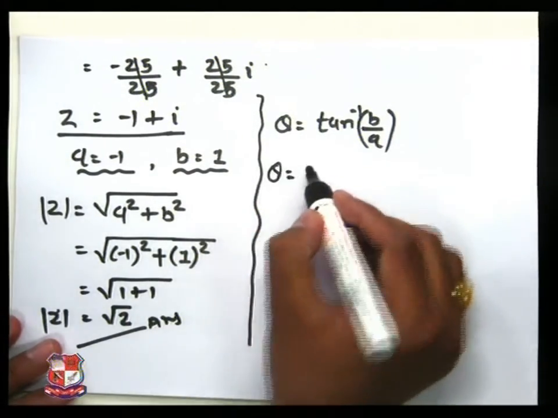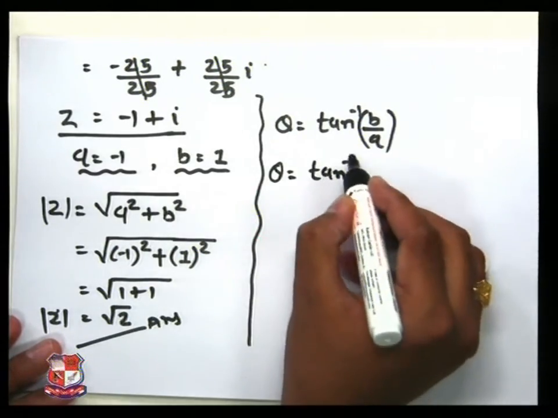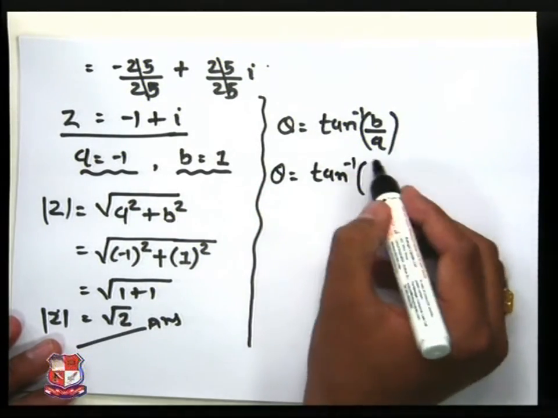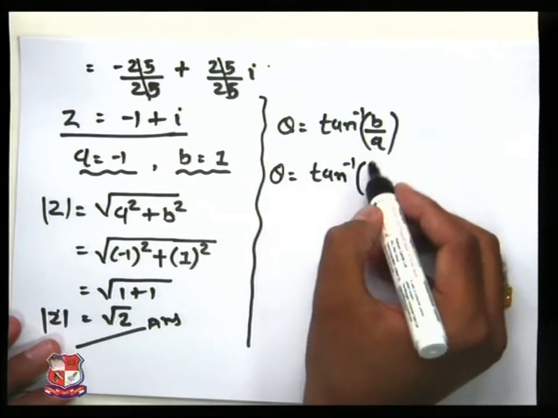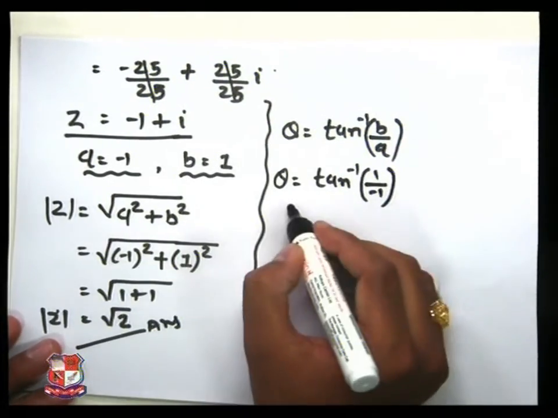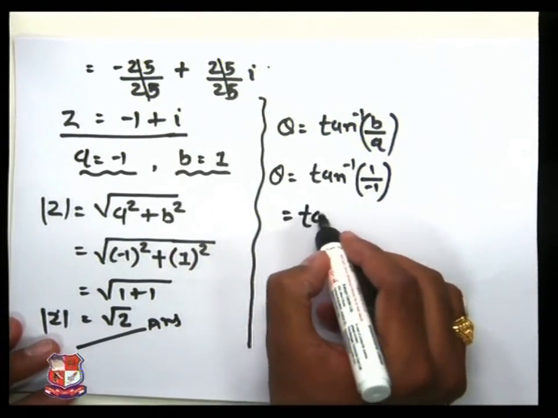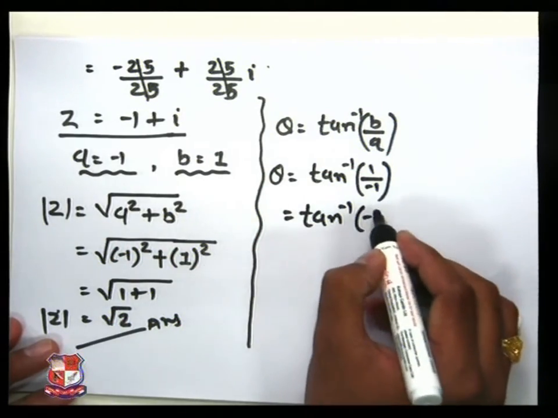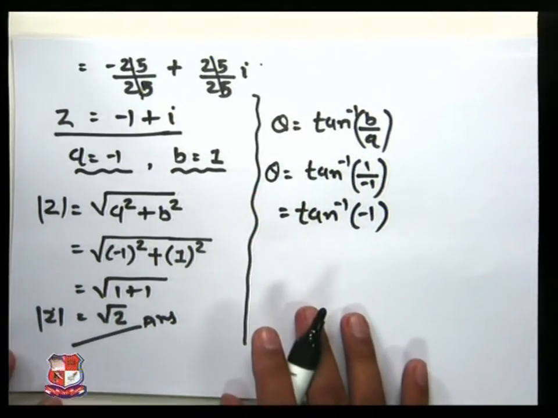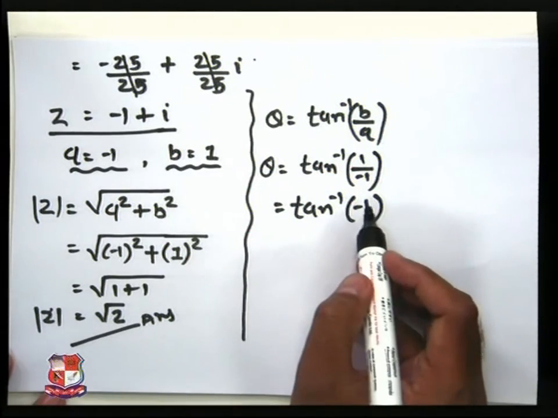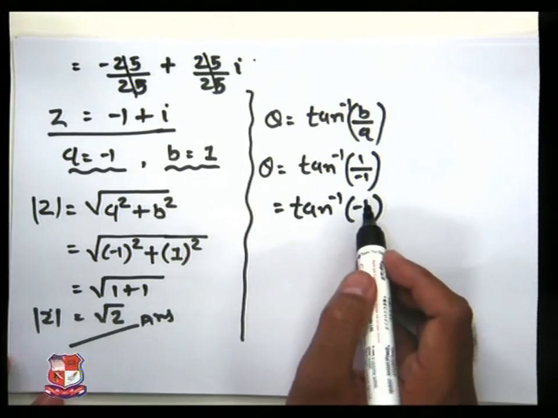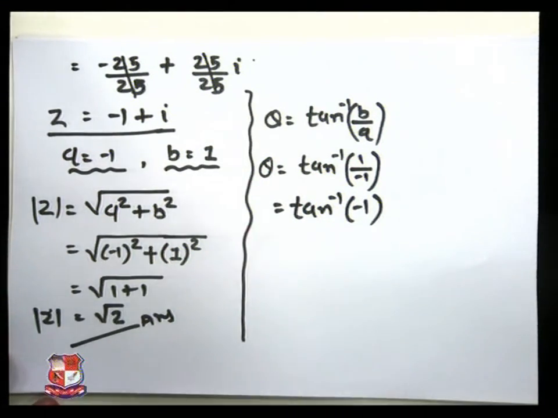So theta is equal to tan inverse, b is 1 and a is minus 1. So finally, tan inverse of minus 1. So at which angle do we get tan equal to minus 1?